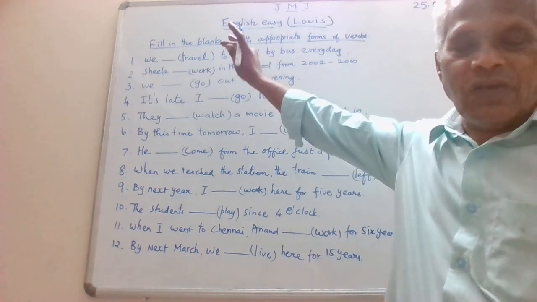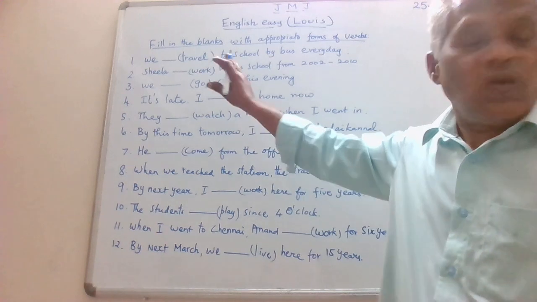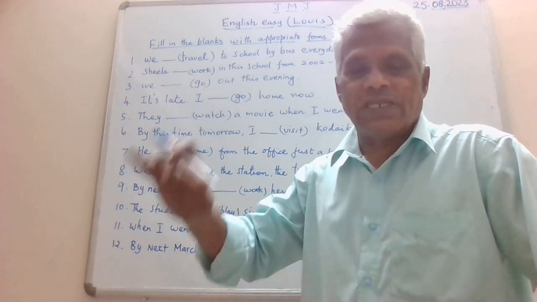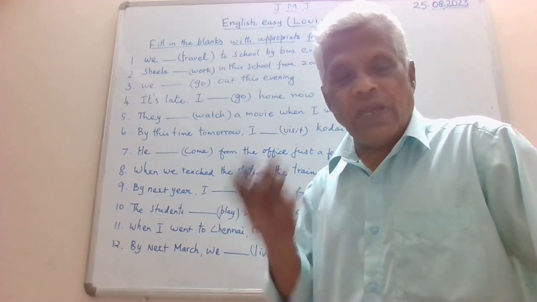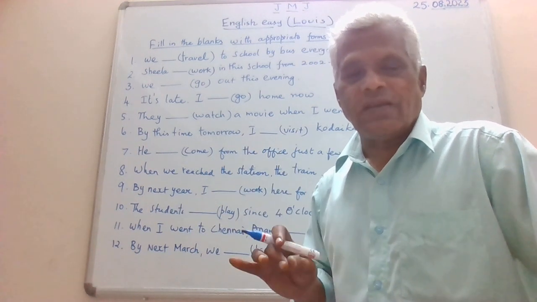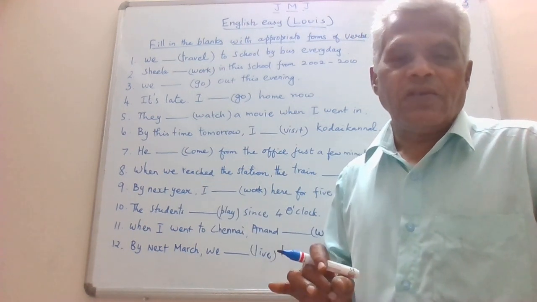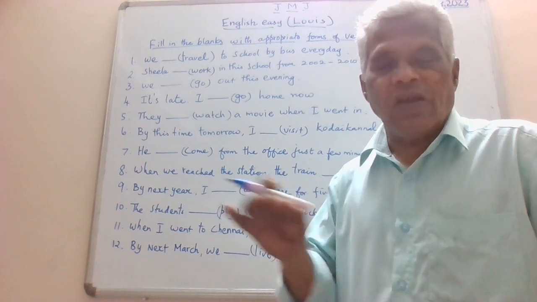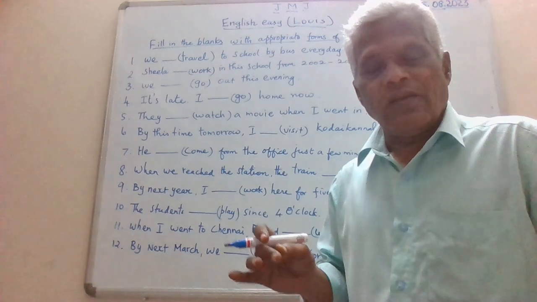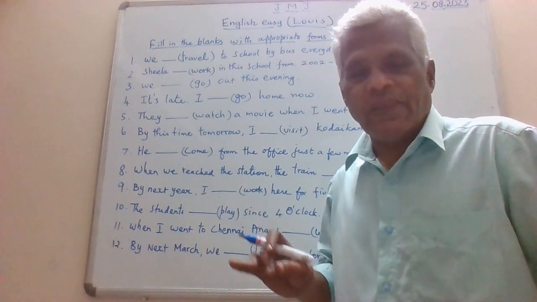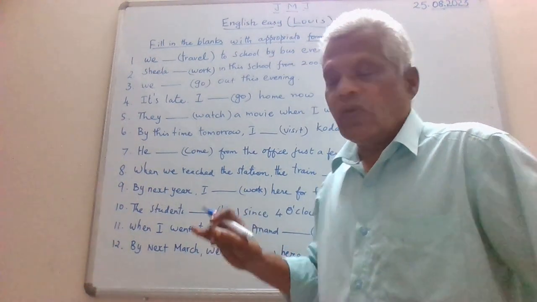Now, when we look at all these sentences, I am just going to revise why this tense is used here. What are the situations behind this tense here? So I will be just recalling your memory why we should use this tense here. So straight away we will go into examples.